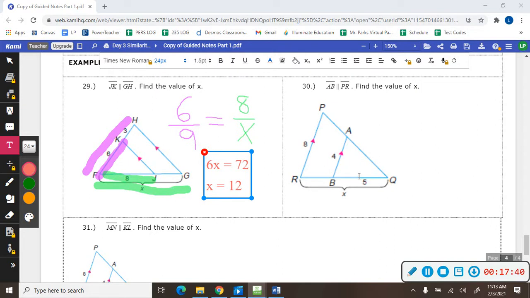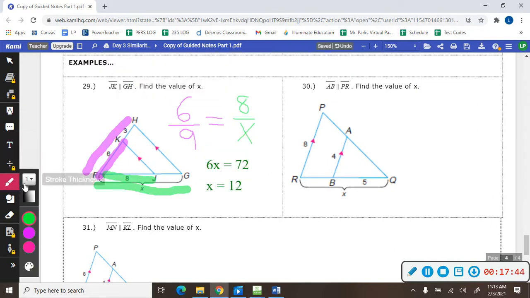So what I'm going to do first is I'm going to do this side, 4. That'd be this side of the small one, should be proportional to the other side that corresponds to that. So that'd be 4 to 8.